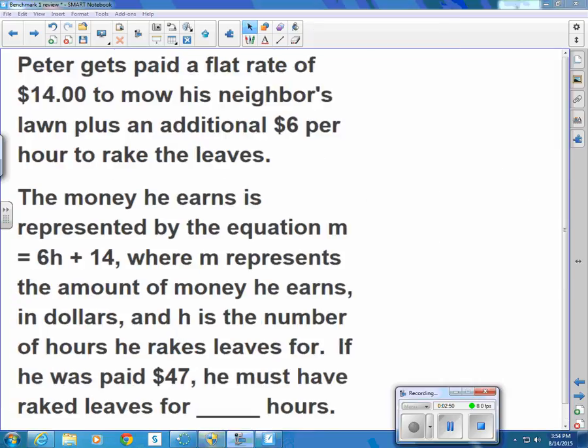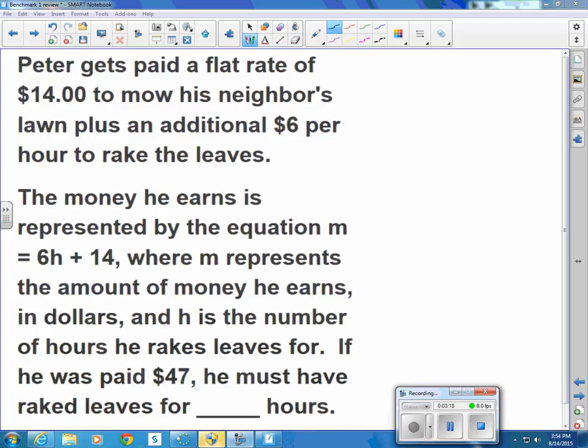So Peter gets paid a flat rate of $14 to mow his neighbor's lawn, plus an additional $6 per hour to rake the leaves. The money he earns is represented by the equation m equals 6h plus 14, where m represents the amount of money he earns in dollars, and h is the number of hours he rakes leaves. If he was paid $47, he must have raked leaves for how many hours?